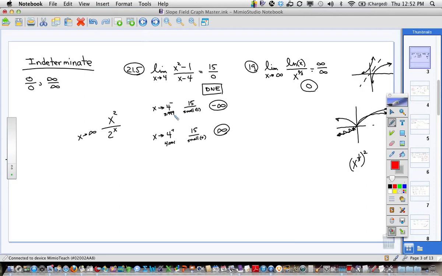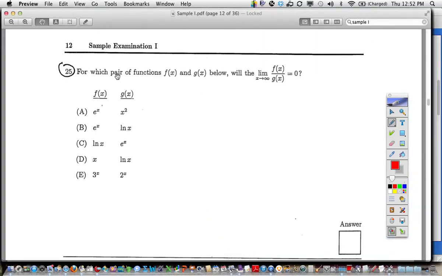Let's look at one more problem here. This one right here. This is another one that I think was on one of my practice tests that we'll be working on.